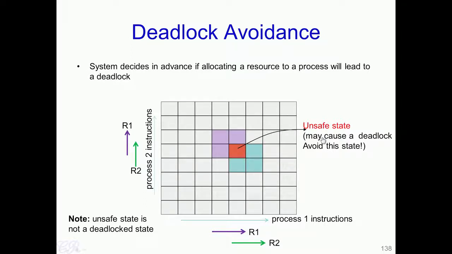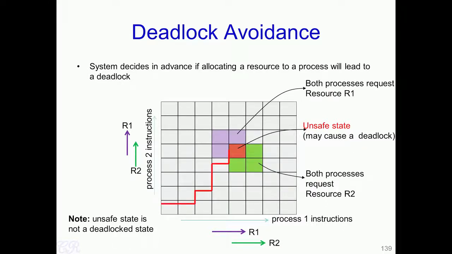An unsafe state is not a deadlock state, but rather it is a state which may potentially cause a deadlock. Thus, if the OS was to schedule process 1 and process 2 in such a way that the execution path ends up in this unsafe state, then we may potentially have a deadlock.